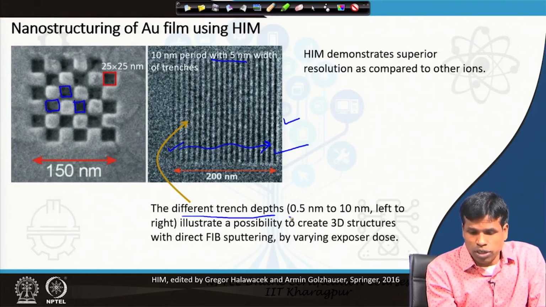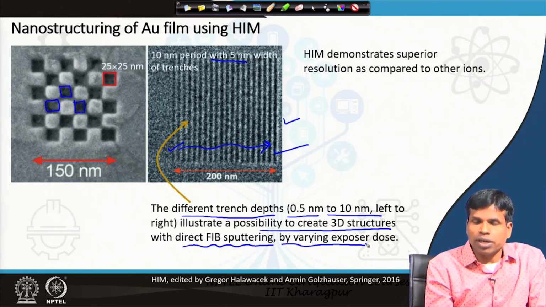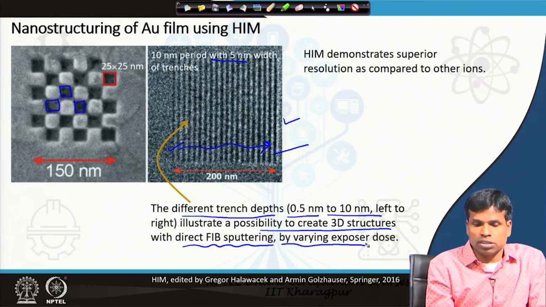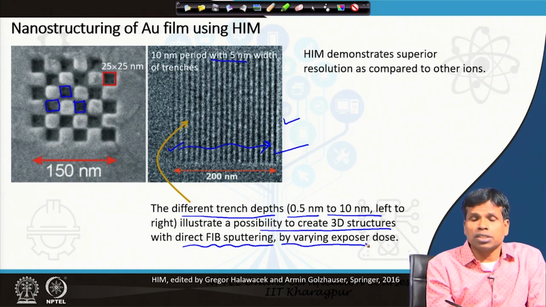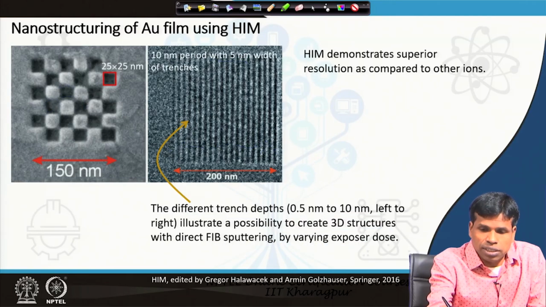The depth is from 0.5 nanometer to 10 nanometer, which illustrates the possibility of creating 3D structures with direct focused ion beam sputtering. It is done by varying the exposure dose. By varying the exposure dose, we could create 3D features, 3D structures of very fine size, less than 5 nanometer, which no other technique provides at present.